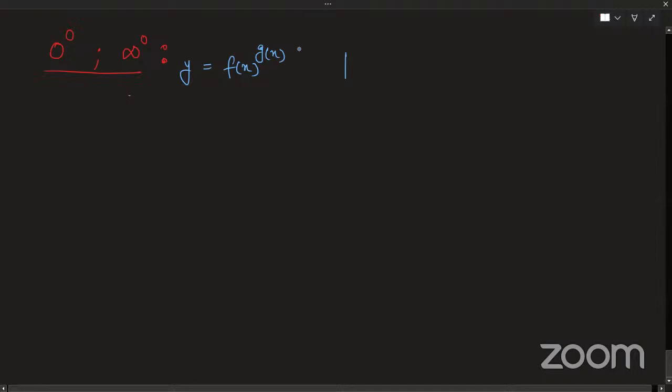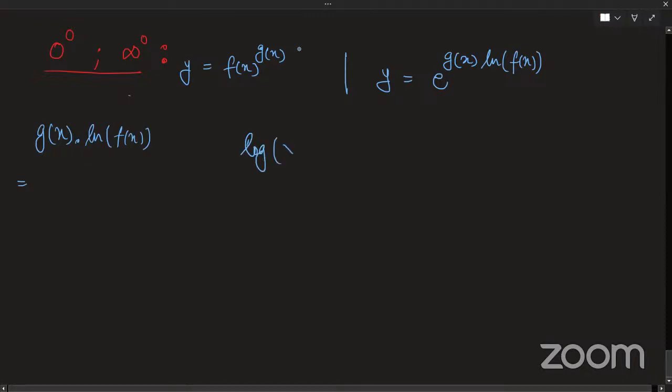What will happen if I take, fine. So if you can just tell me, I have g of x into ln of f of x. Ln is log only. So if you all know that if I have log of x raised to c, I can take this c outside.